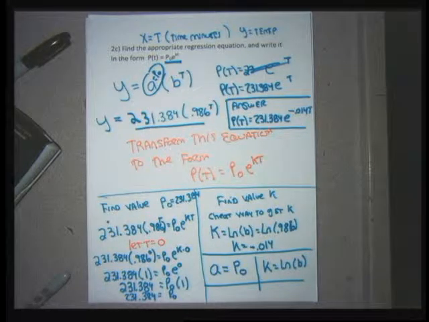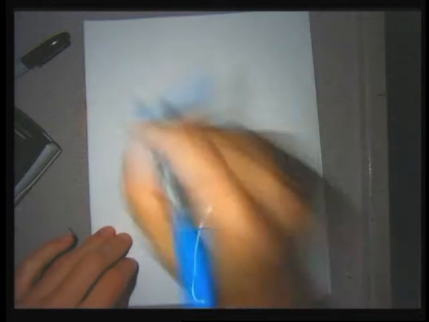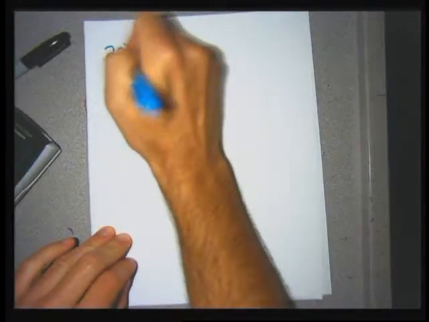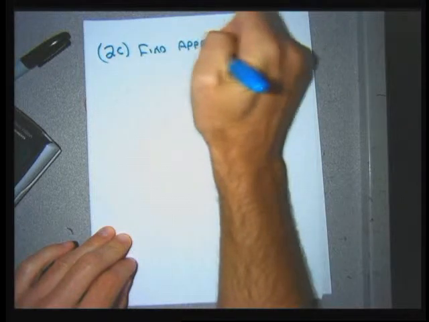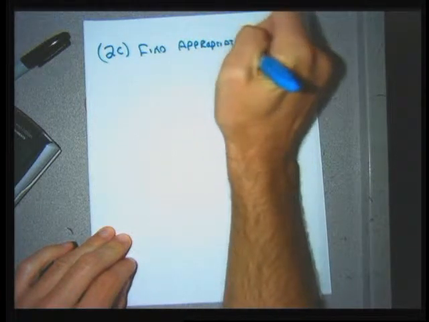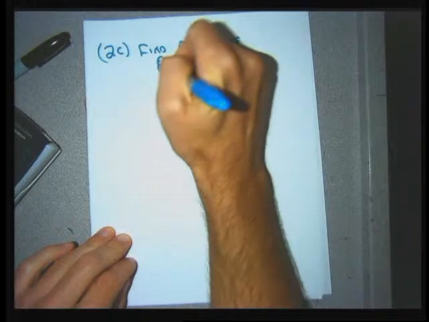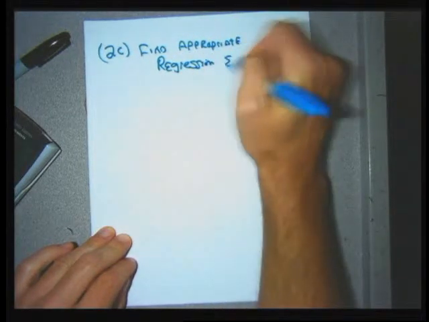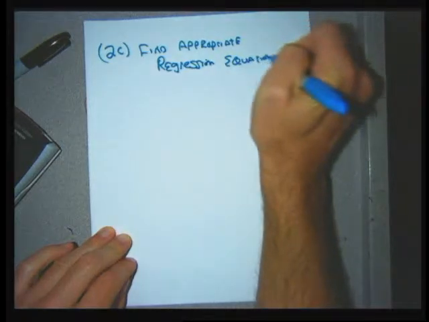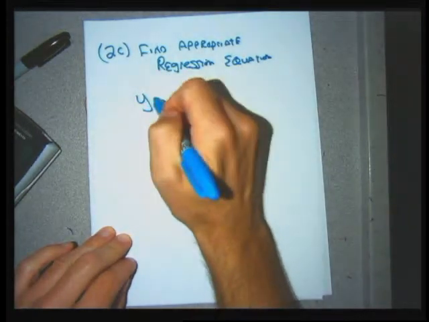So the whole work for problem 2C is to come up with an equation, and let me pretend that I've just started. So if I was just visiting 2C and it said find the appropriate regression equation, so if this was a new problem, I'd do the exponential regression on my calculator.